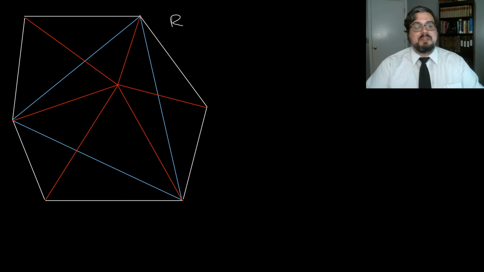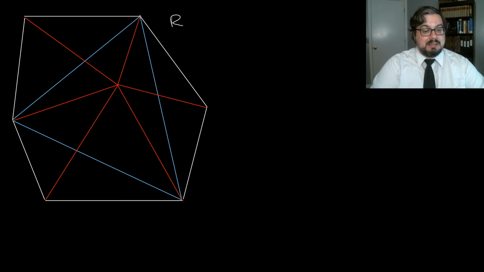Well, it turns out that the approach follows the following strategy. What we're going to do is create a triangularization of R that's a refinement of both of the triangularizations that we have. We're going to create a new one. And we're going to do that in the following way.